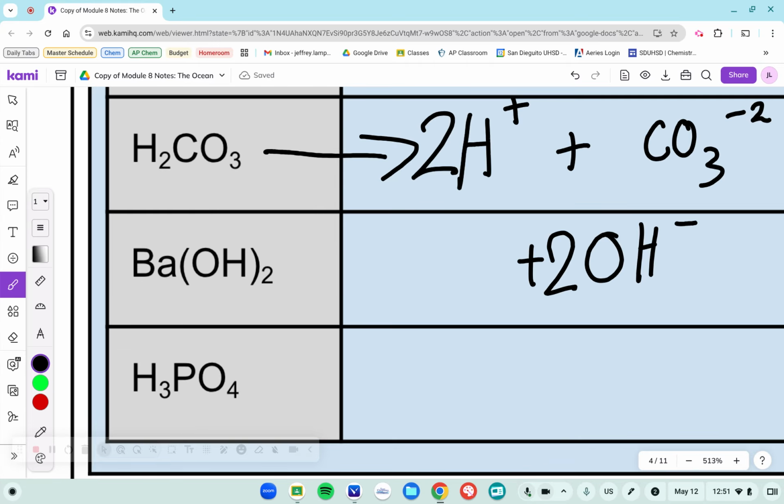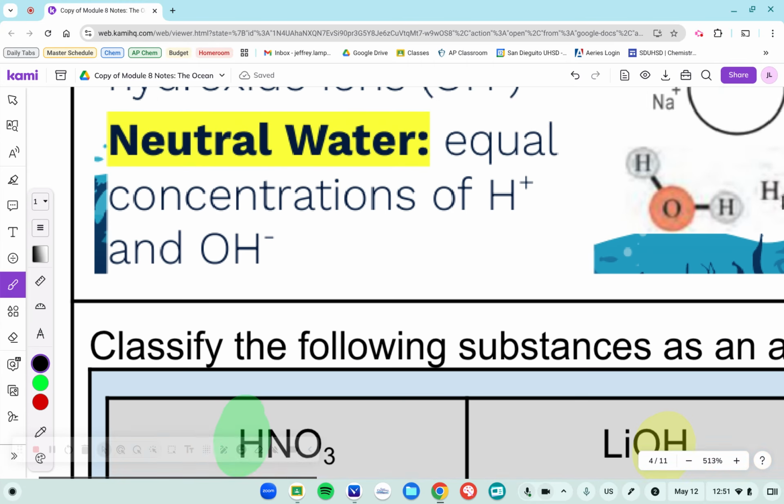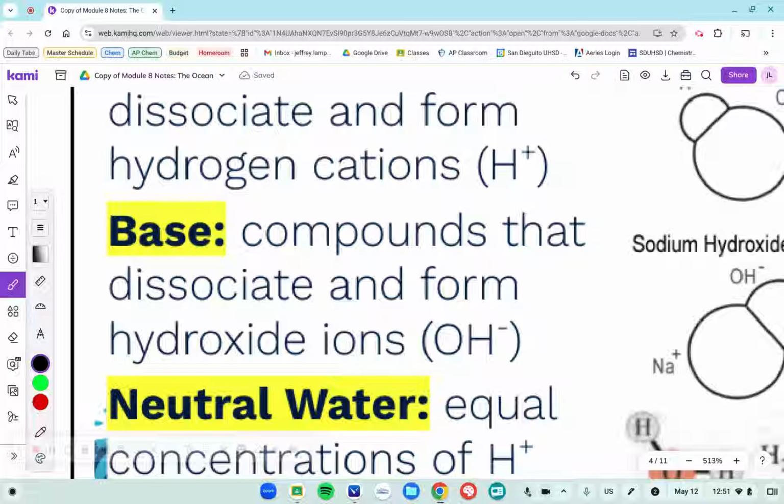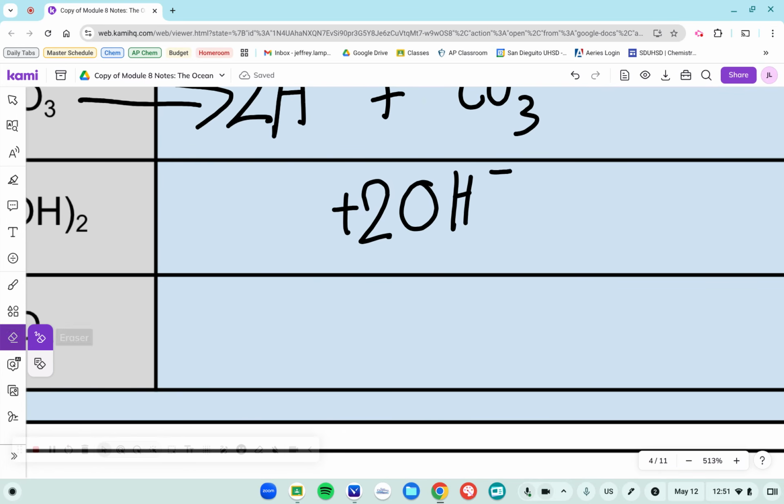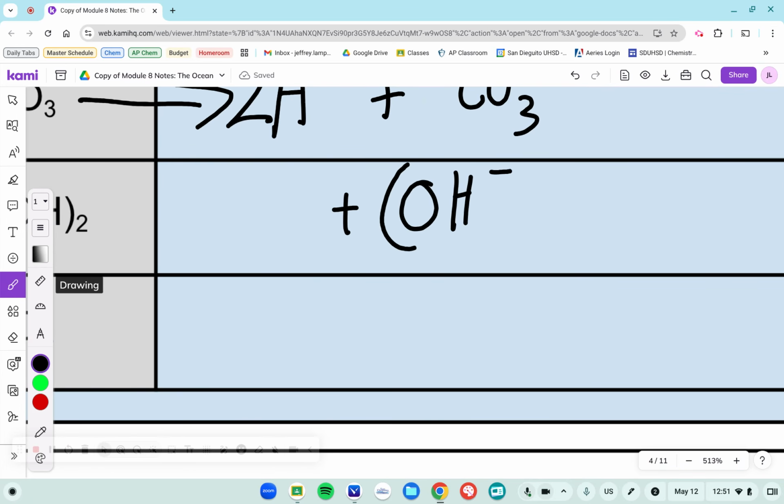Now, let's talk about a mistake that a lot of students make for a second. Definition of a base is it makes OH minus. Does a base make OH minus parentheses 2? Is that the definition of a base? No, right? We said it makes OH minus.